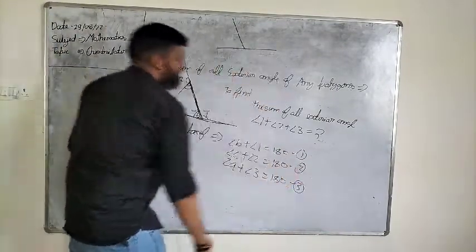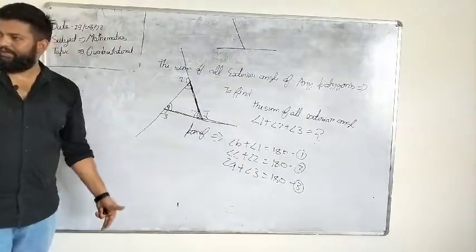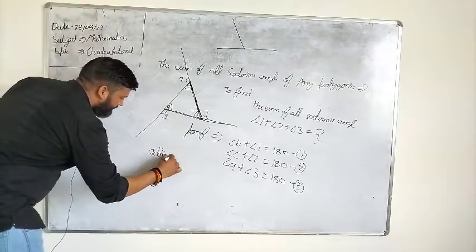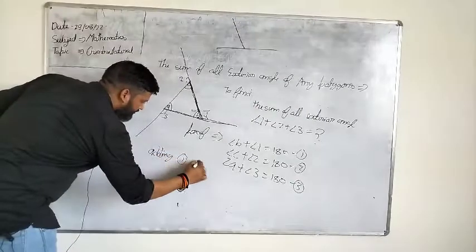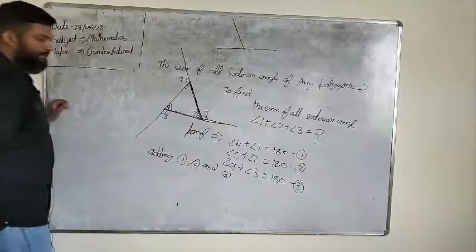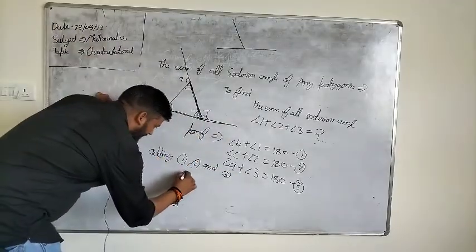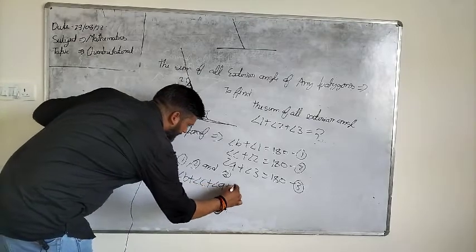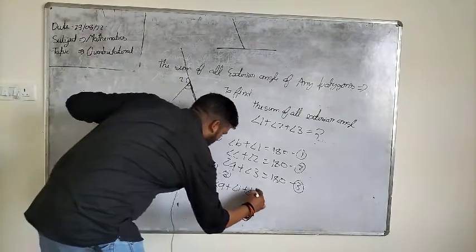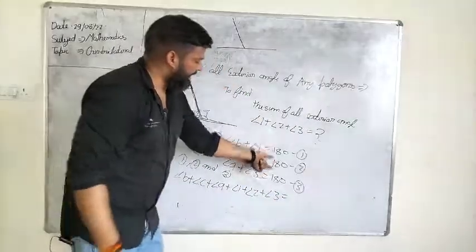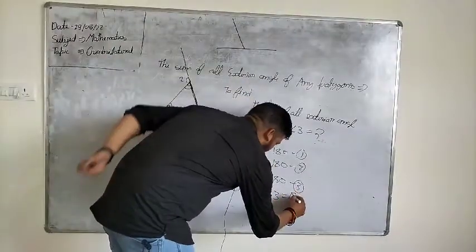Now adding these three equations, adding 1, 2 and 3, what do we get? Angle B plus angle C plus angle A plus angle 1 plus angle 2 plus angle 3 is equal to 180 plus 180 plus 180.